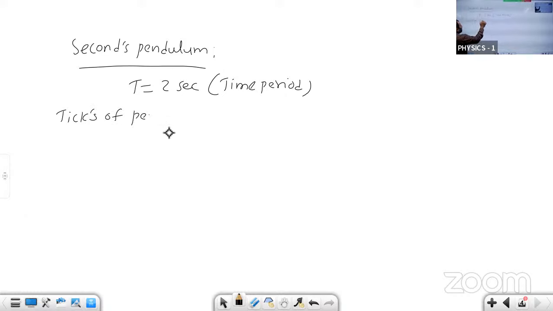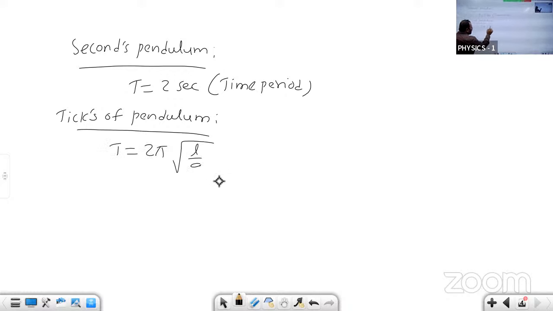Ticks of pendulum. What is the meaning of this? It means length. What is the length of a seconds pendulum? From the previous derivation we got capital T equals 2 pi square root of L by g.